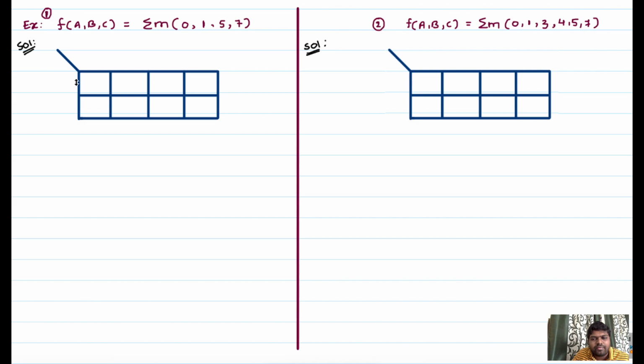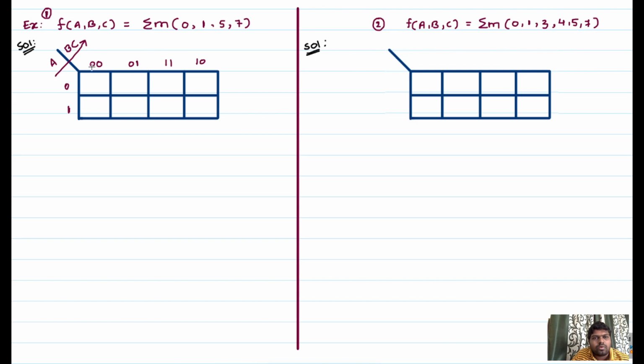So now assign variables as well as binary bits. I will take the upward direction. So this is the A variable and this one is the BC variables. Now I can assign the binary sequence 00, 01, 11, 10, and for A this is 0 and this one is 1.